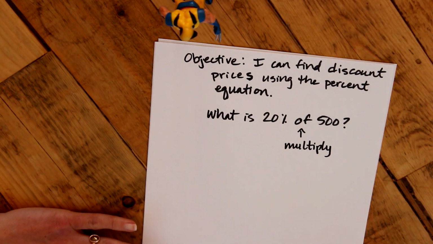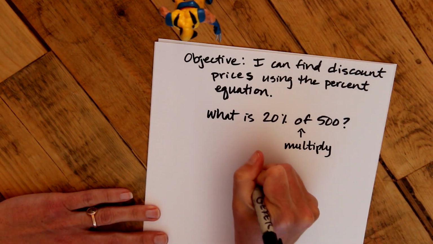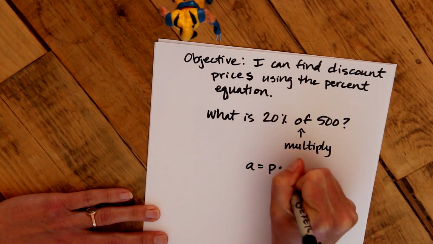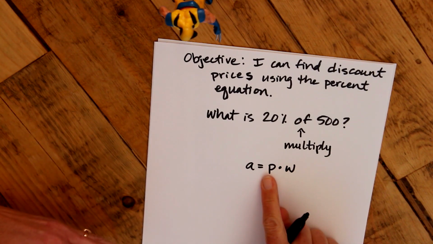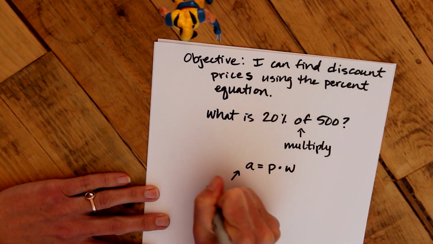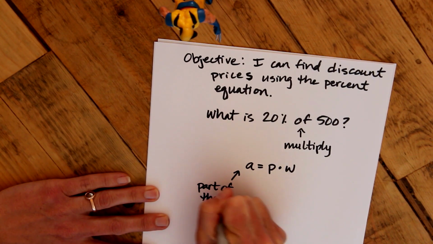So I'm going to introduce to you what is called the percent equation. And it's A equals P times W. Remember, we already determined that we're going to be multiplying today. A is the part of the whole.